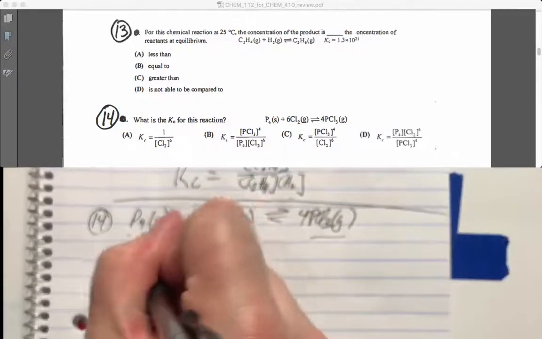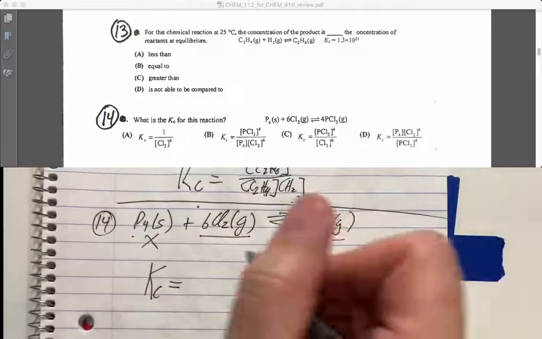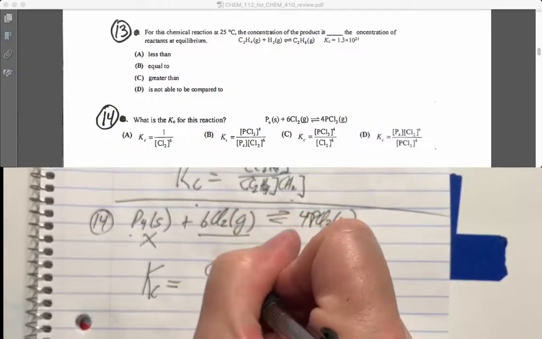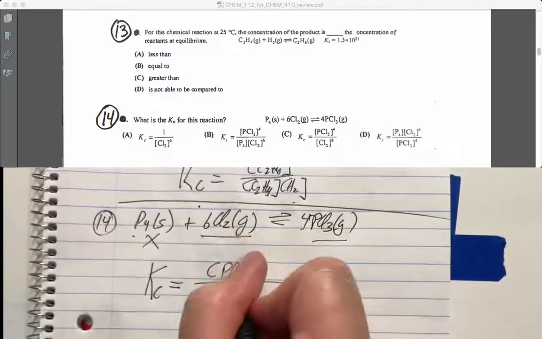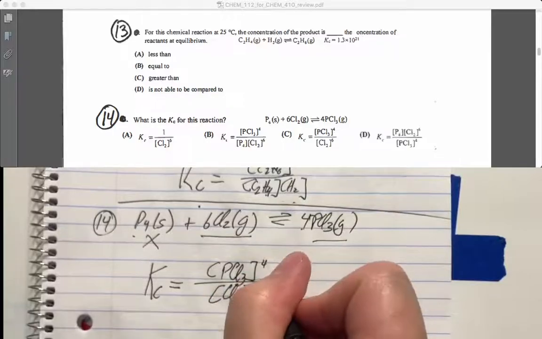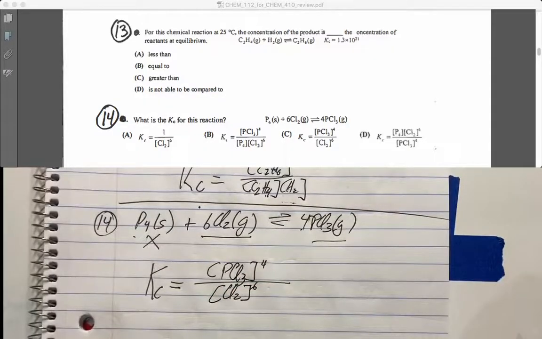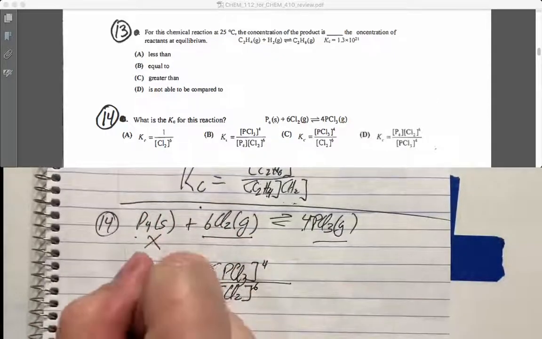And so Kc is equal to PCl3 raised to the 4th power from this 4 right here over Cl2 raised to the 6th power. And so that would be answer letter C would be the correct answer.